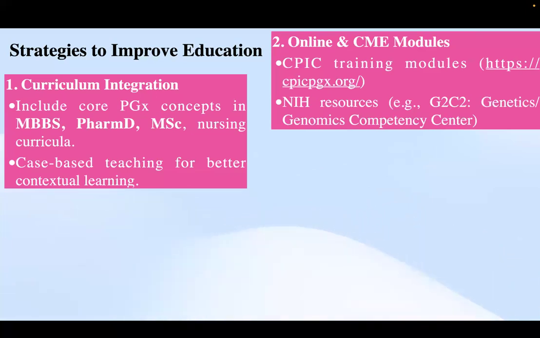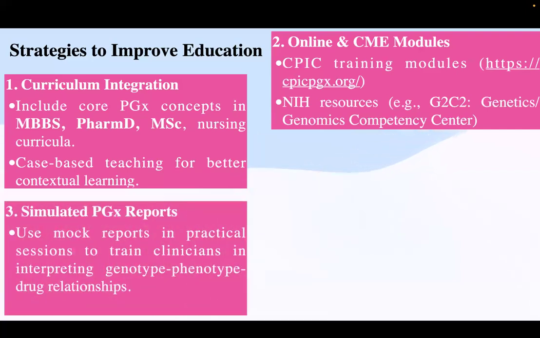I hope now you know what CPIC is. It is a guideline, right? And some NIH, National Institutes of Health, resources, for example G2C2, give you the Genetics and Genomics Competency Center. They also have continuing medical education modules, so that may be used.